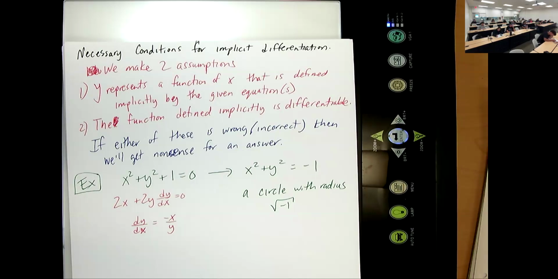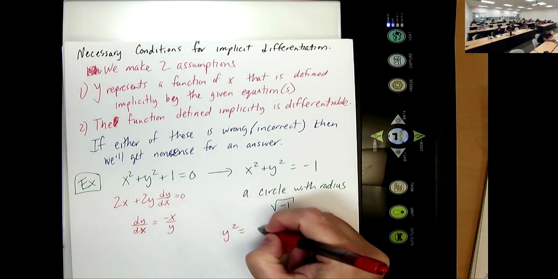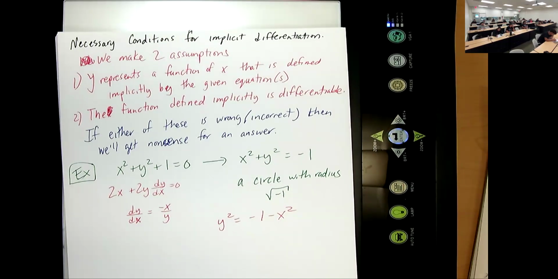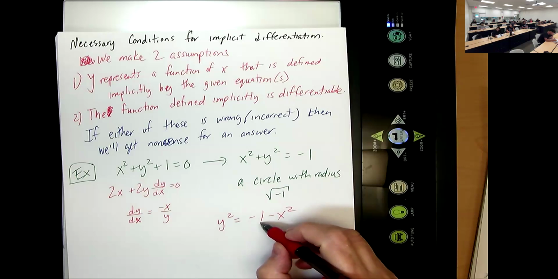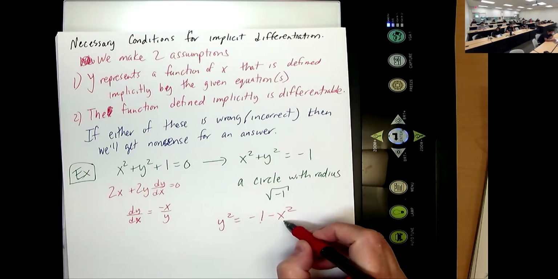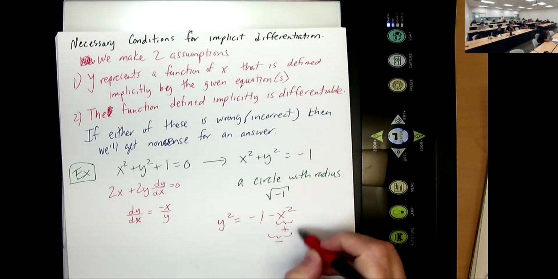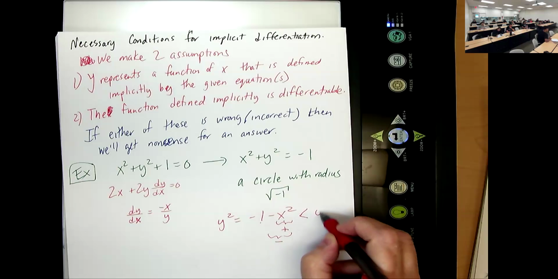Another way of looking at that is subtract the x squared over as well. And we have y squared equals negative 1 minus x squared. But no matter what x is, x squared is positive, and that means negative 1 minus x squared is less than 0.